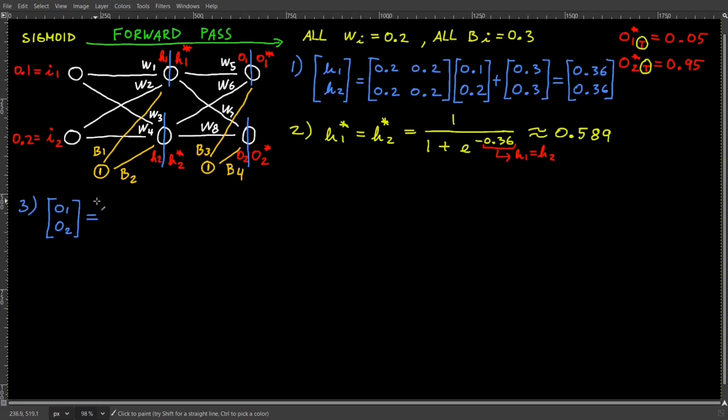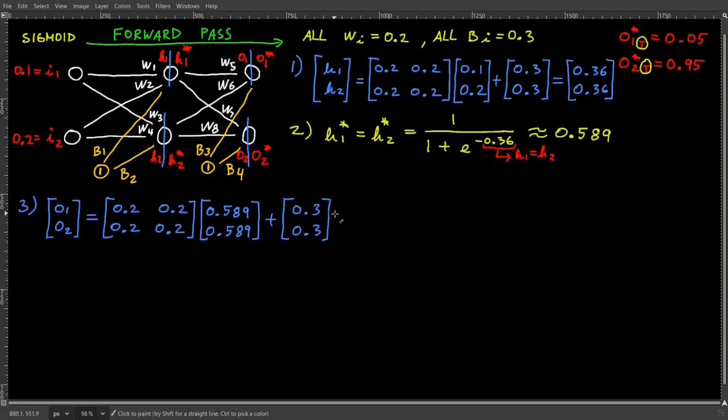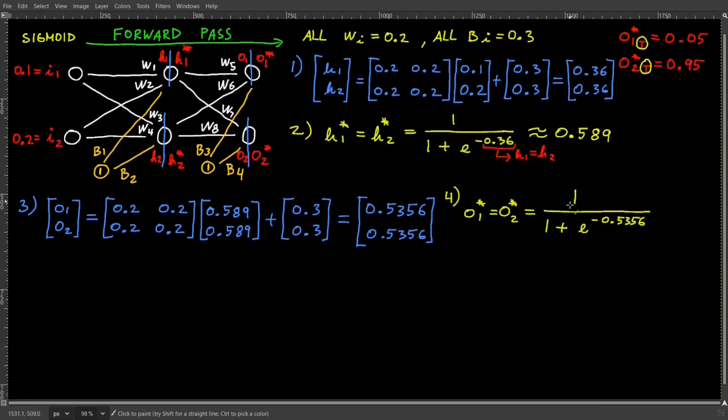Then in the third step, I need to calculate O1 and O2. This is the weight matrix. This is H1 star and H2 star. And here I have the biases. As a result, I will get this vector. And then finally, I need to activate the output neurons as well. And I will do it with this function.